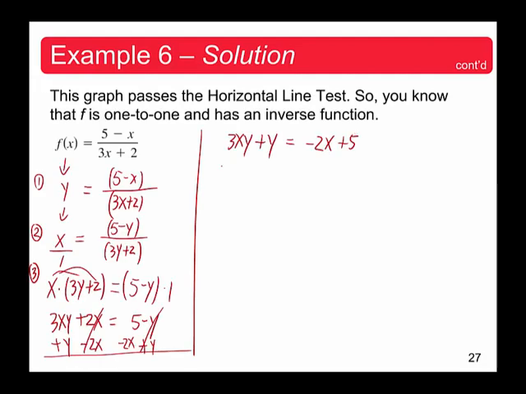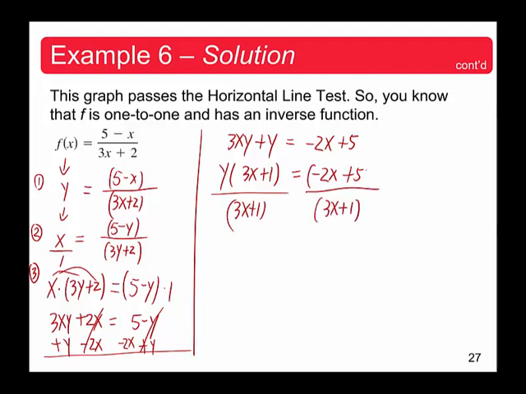Now factor out y: y times 3x plus 1 equals negative 2x plus 5. Now we just divide both sides of the equation by the x terms, 3x plus 1, and that leaves y by itself.